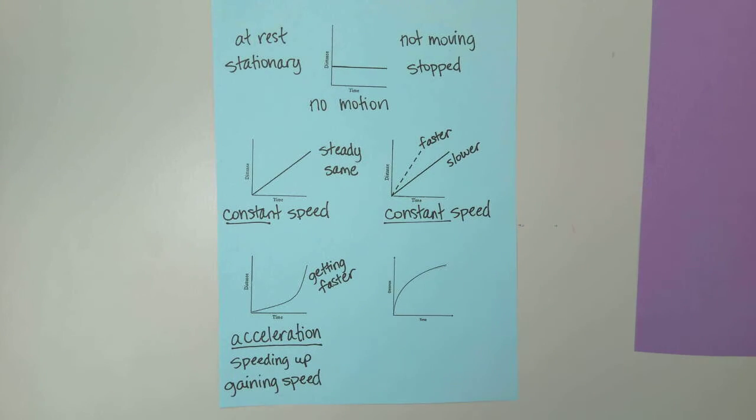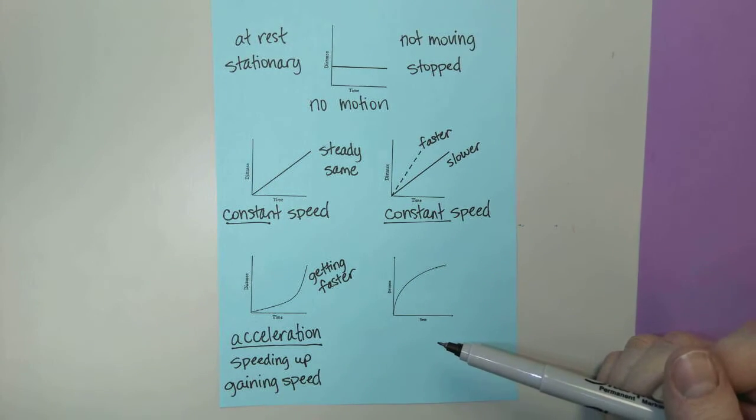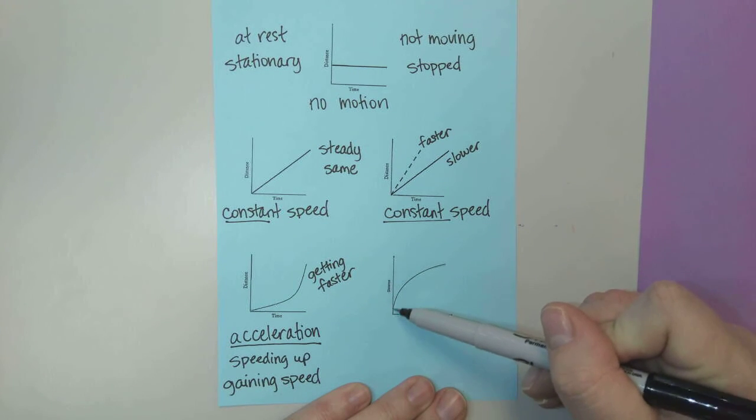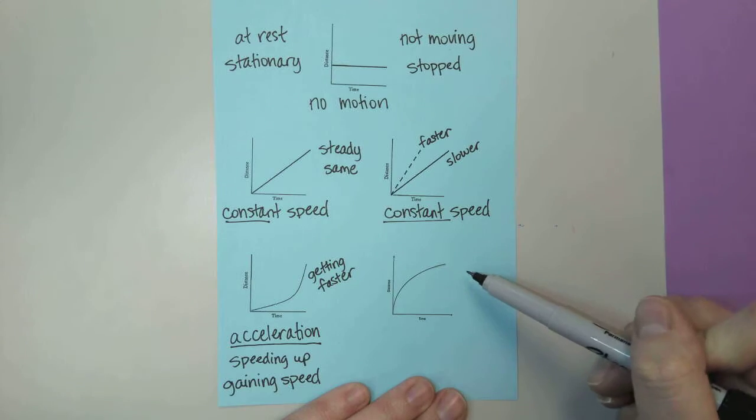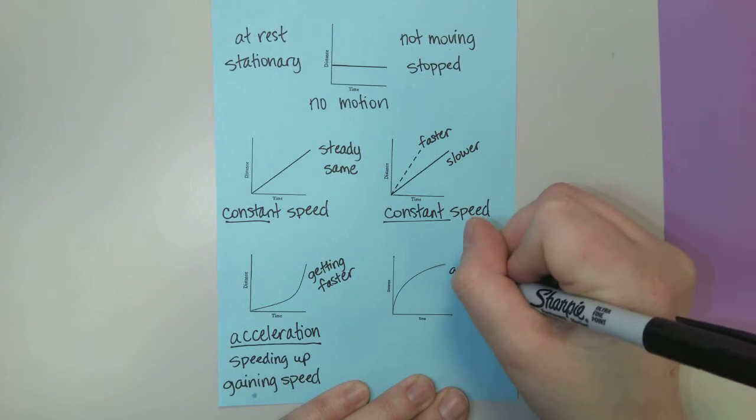The opposite of that, say you were in a car and you were approaching a stoplight, you would be slowing down. You're starting going faster, okay, more up and down on your line, and then as it gets flatter, that means that it's getting slower.